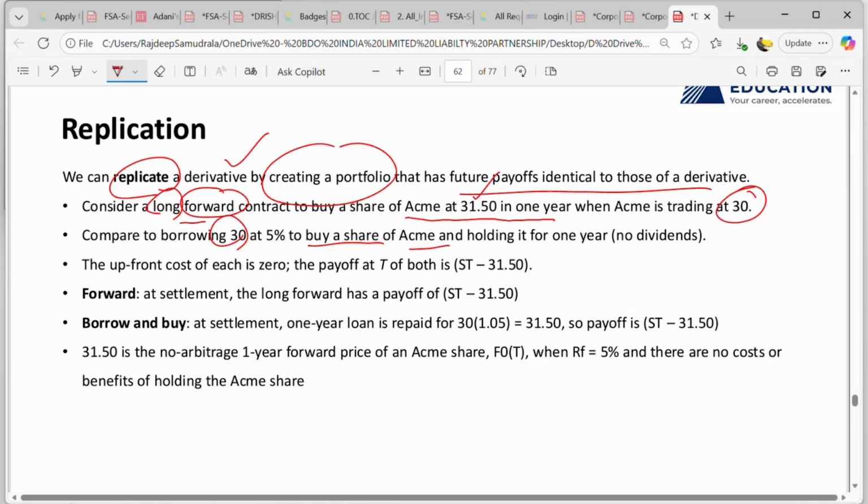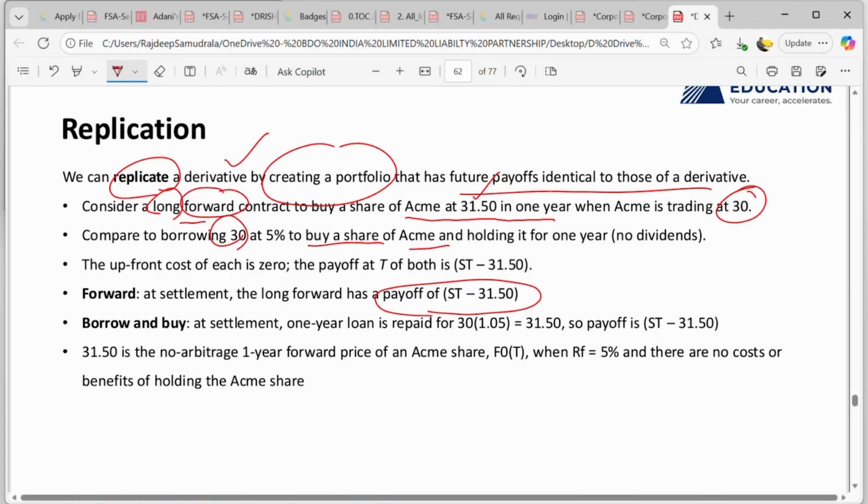Nothing, because you borrowed the money. You paid nothing today, because all you did is borrow money from the bank and say I'll pay you 31.5 with interest after 1 year, right? Right or wrong? So after 1 year, effectively, you have to repay the bank 31.5 and the share is in your pocket. So at settlement, you are paying off 31.5.